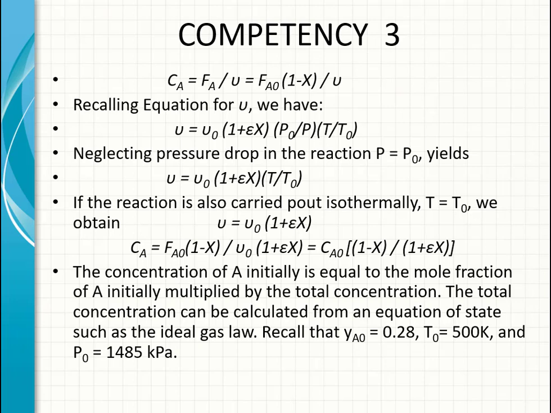So the concentration of A initially is equal to the mole fraction of A initially multiplied by the total concentration. And the total concentration can be calculated from an equation of state such as the ideal gas law. And we recall that YA0 is equal to 0.28, the mole fraction of SO2, T0 is equal to 500 K, and P0 is equal to 1485 kilopascals.